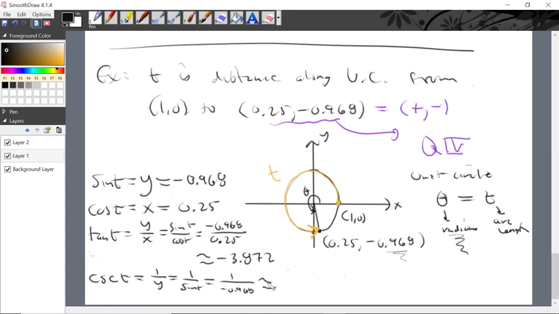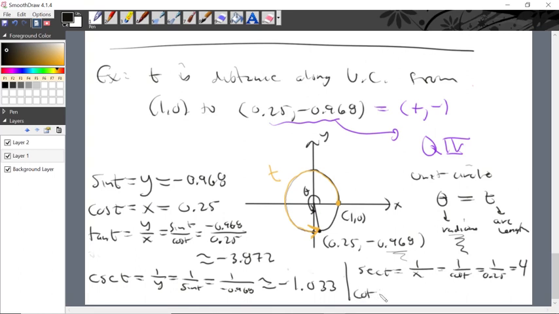Okay, we'll approximate that to 3 decimal places, and I'm getting approximately -1.033 for the cosecant of t. The secant of t would be 1 over x, or 1 over the cosine of t. That's 1 over 0.25, and that just equals 4.